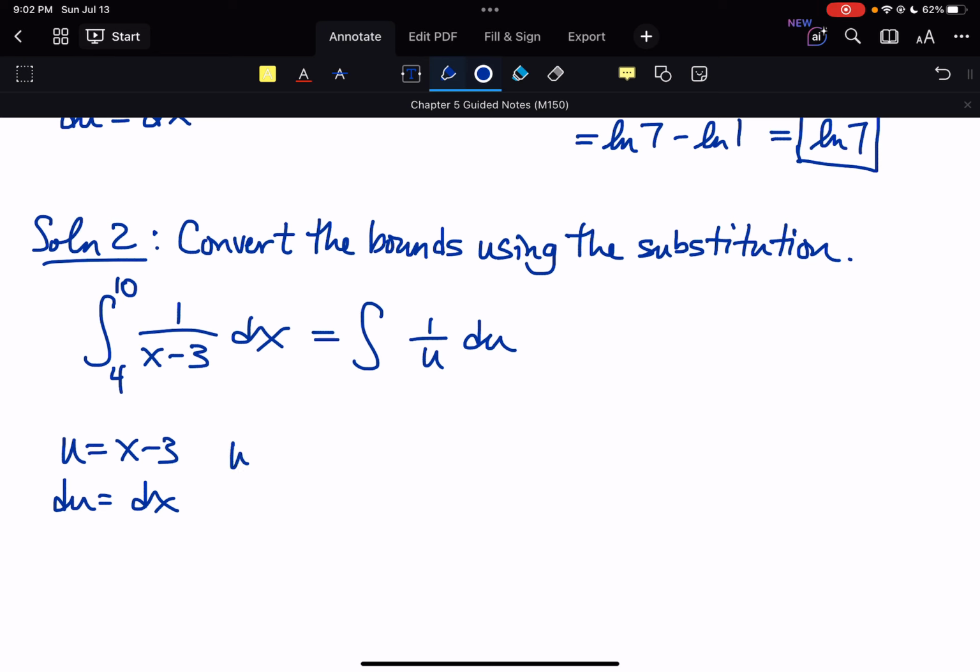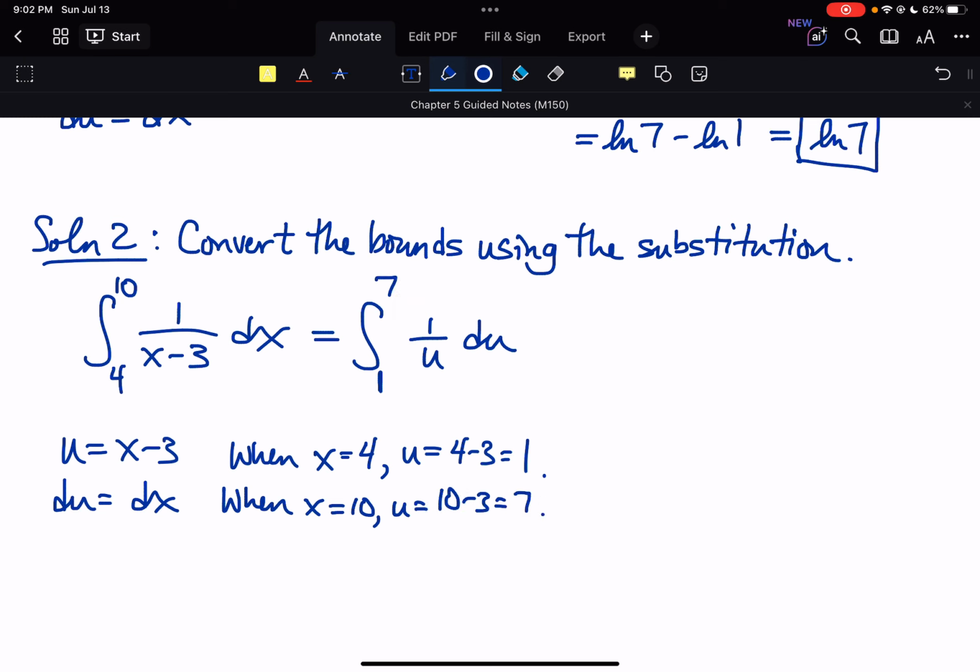So when x equals 4, u equals 4 minus 3, which is 1. Right, so just using the substitution. So instead of x equals 4, we get u equals 1 right here. And then when x equals 10, u equals 10 minus 3, which is 7.